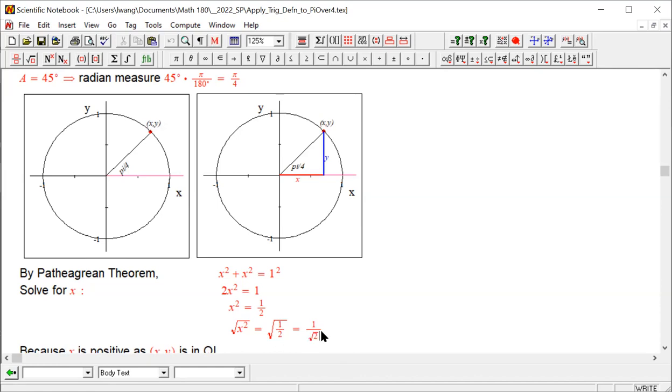And then we can rationalize it by multiplying by root 2 over root 2. So we have chosen the number 1 in this form so that we can get rid of the radicals in the denominator. All right, so we get root 2 over 2.